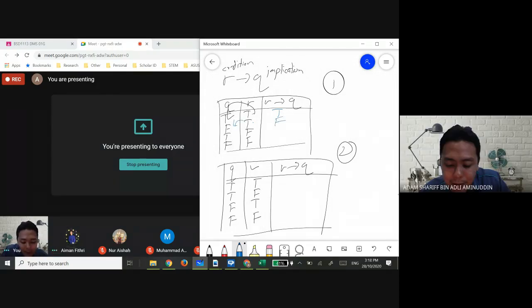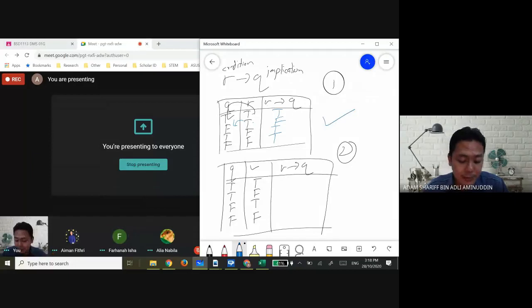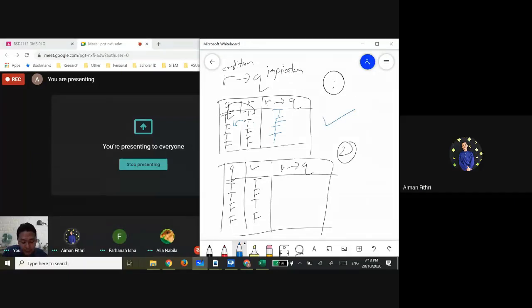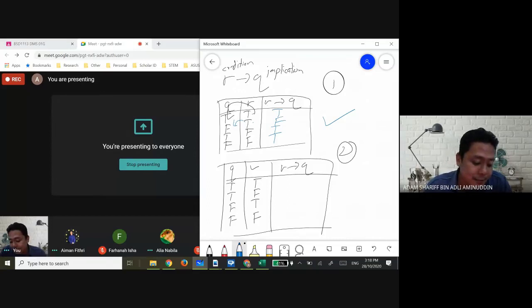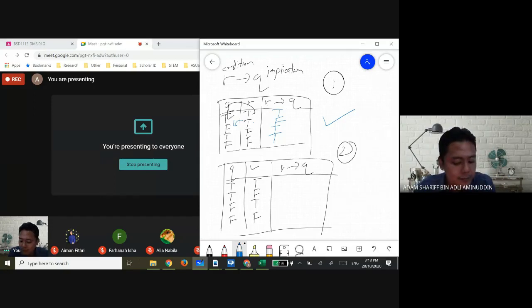F implies T. Okay, ini betul. F implies F memang T. Itu properties dia. Saya boleh jelaskan kenapa dia properties dia macam tu. Tetapi if you ask the question betul ke salah, memang tak salah.